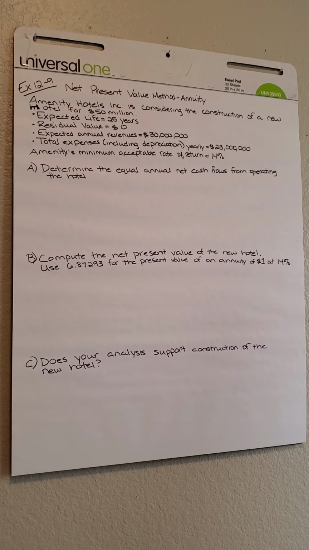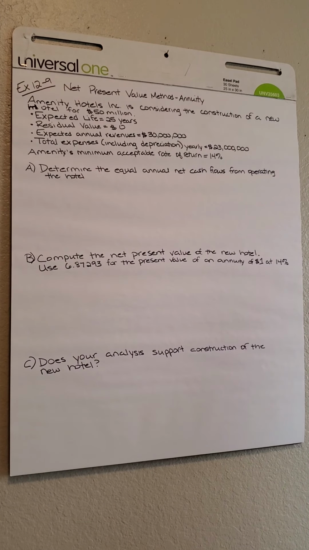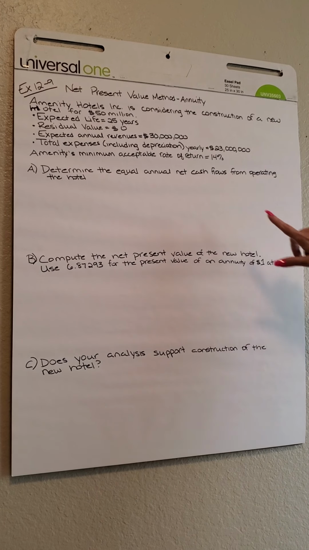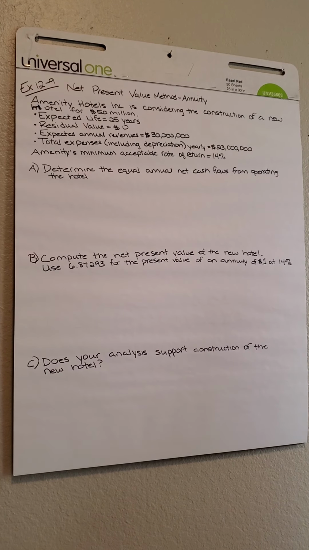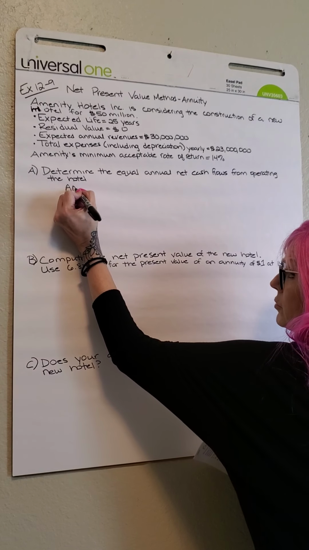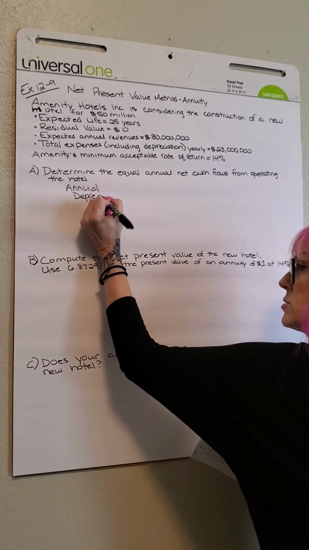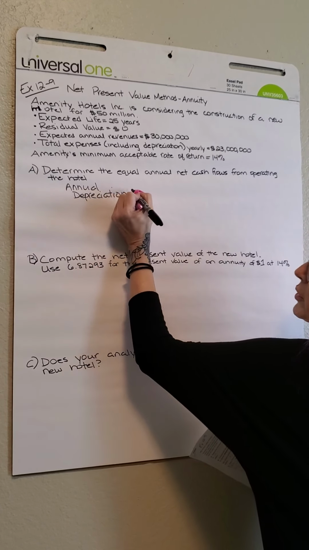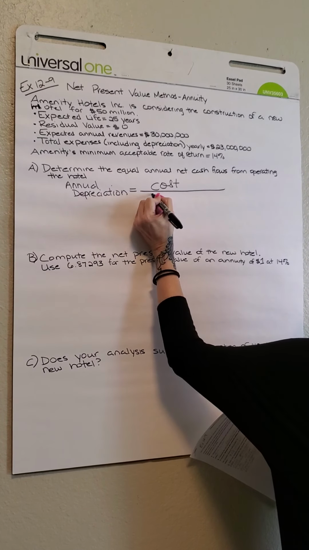And remember, for an annuity, you're going to get equal payments periodically. So the first thing we need to do, since we're looking for net cash flows, is take out of the total $23 million the amount that is included in that for depreciation, because depreciation is a non-cash expense. So if we're looking for annual depreciation, and we're going to use the straight line method, that's going to be cost over life.